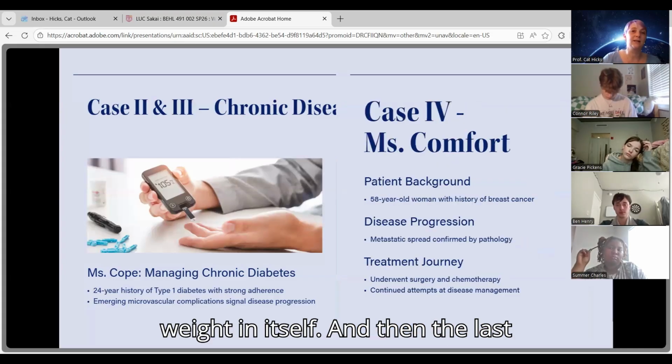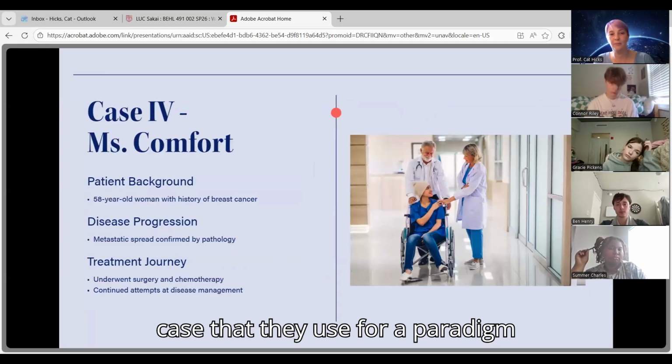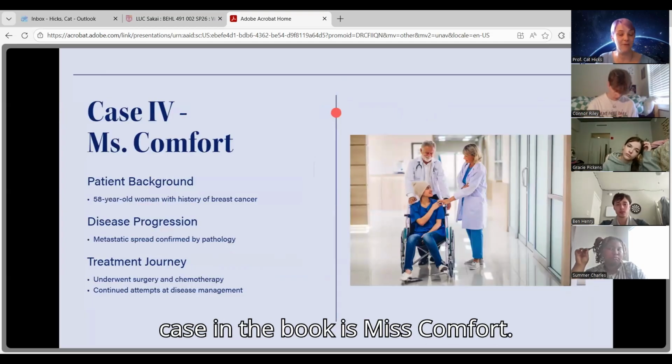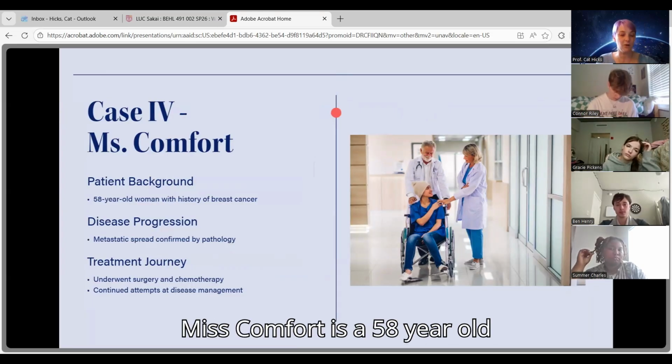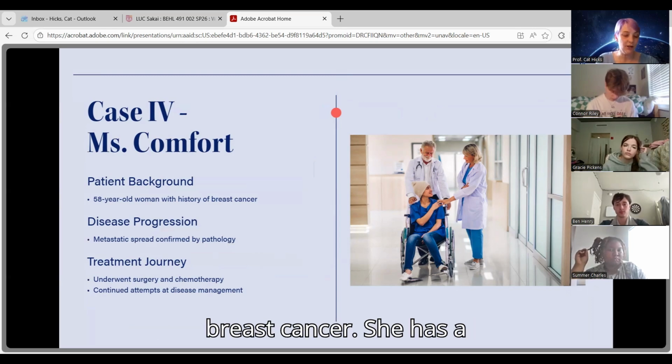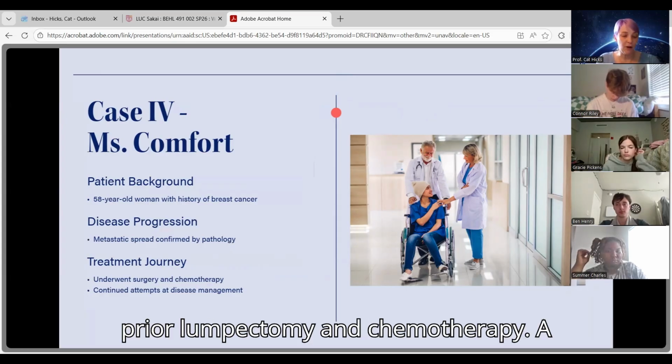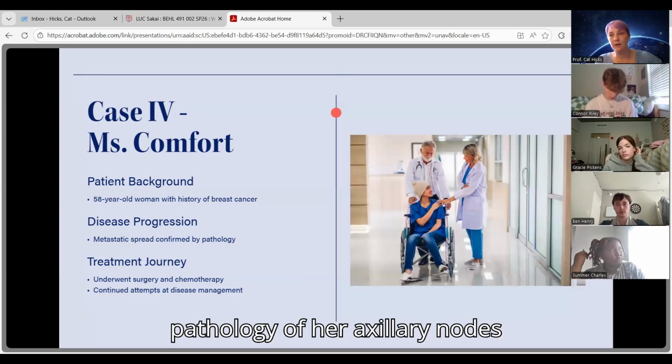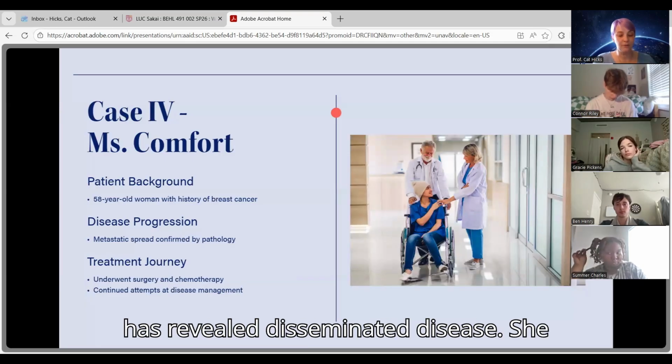And then the last case that they use for a paradigm case in the book is Miss Comfort. Miss Comfort is a 58-year-old female. She has metastatic breast cancer. She has a prior lumpectomy and chemotherapy. A pathology of her axillary nodes has revealed disseminated disease.